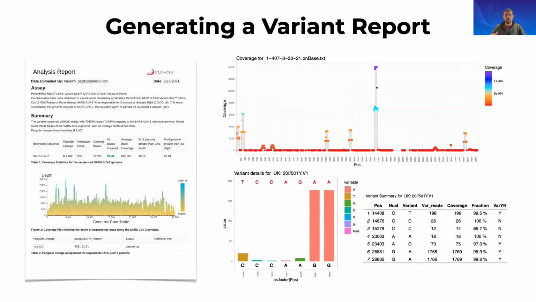And then we actually go through a series of steps to generate a variant report. And this is a report not unlike what people use in clinical reporting, or when that reporting is being submitted to maybe public health institutions to understand whether there is a particular variant of concern, or maybe there are some number of samples that indicate that there's a spread of that variant of concern.